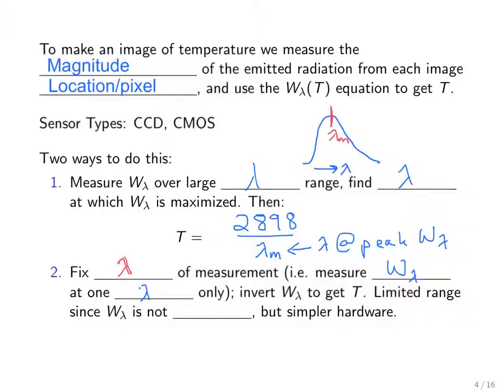This turns out to have somewhat limited range, as we'll see on the next slide, because W sub lambda is not monotonic in temperature. And so it's possible that you will get the same value of W sub lambda at two different temperatures, but it does involve simpler hardware since you only have to make one measurement at one wavelength.